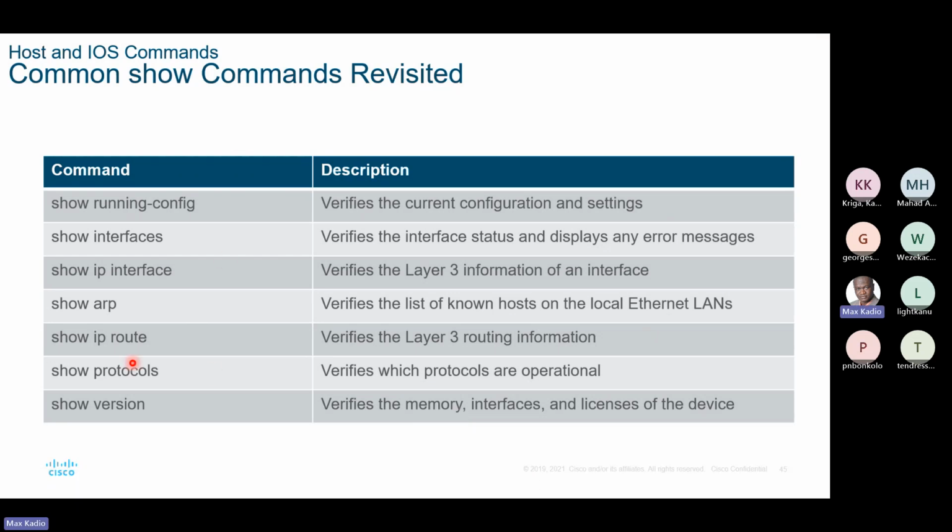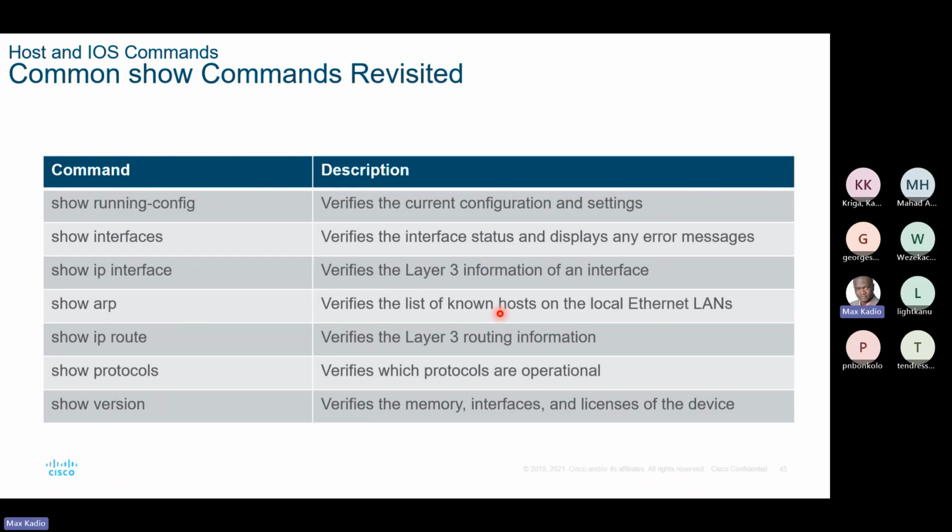These ones, you will use them a lot to verify what you're looking for when troubleshooting. Show version will display the memory, interfaces, licenses, and show protocols. Show ip route, that we will use a lot in CCNA 2, CCNA 3. ARP, and other show ip interface or show interface. We'll use them in CCNA 2 and 3.